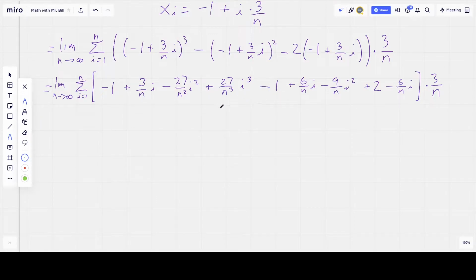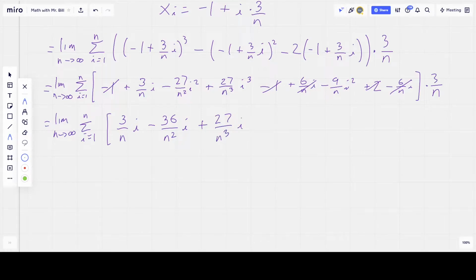So I'm just left with a bunch of i squared, i cubed terms. It looks like the -1 and the 2's cancel. As I finish up combining everything and putting everything in order here, you see that I'm left with 3 different terms.